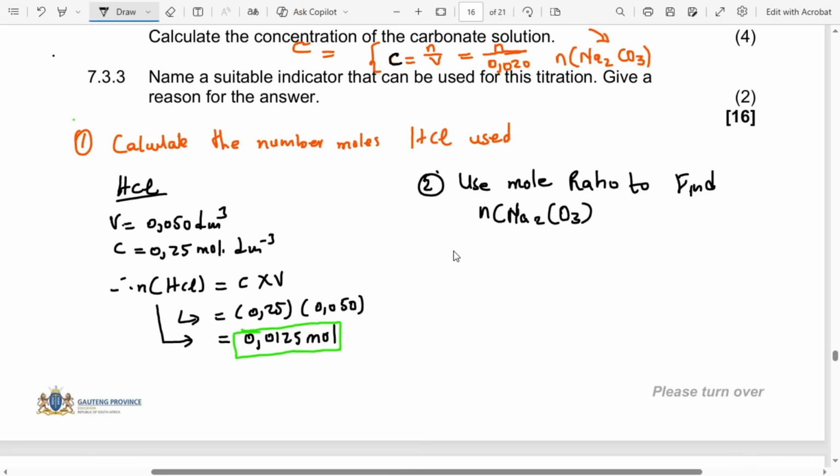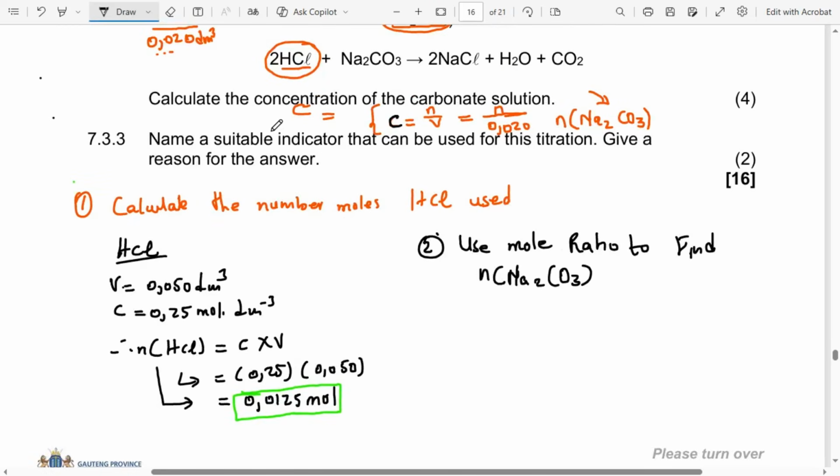Remember the mole ratio, I'm just going to write this down, is 2:1. So the mole ratio is 2 of HCl to 1 of Na2CO3.